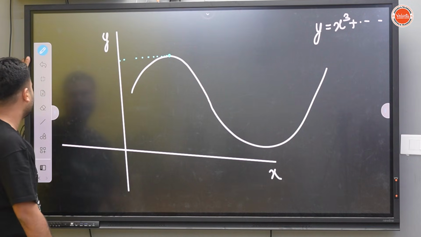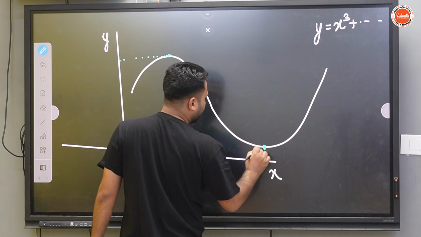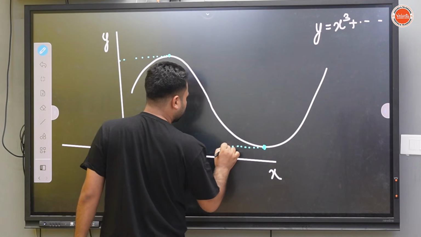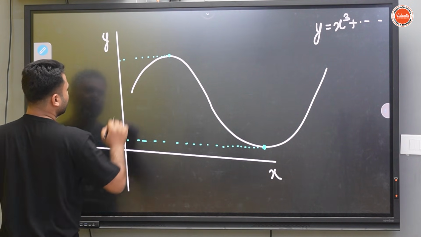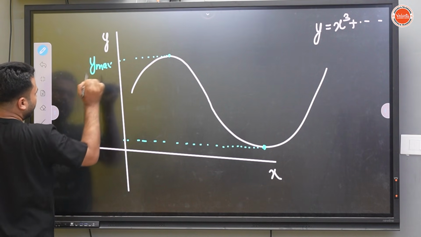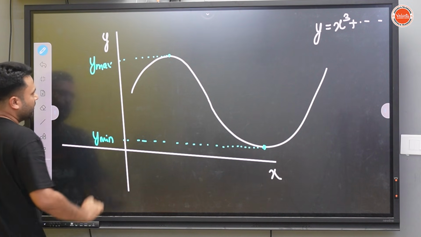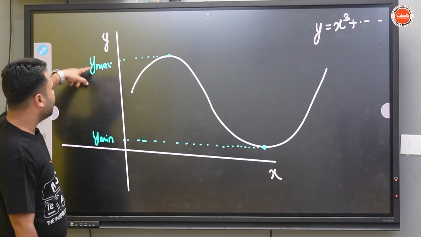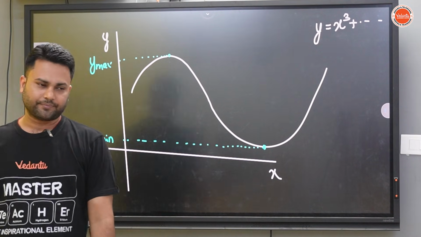Correct? And here, this point. Here y is getting the minimum value. So this is basically y max, we can write. And this is y minimum. So here we are getting the maximum value of y, here we are getting the minimum value of y.